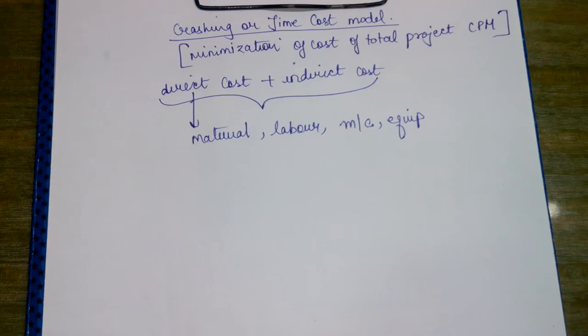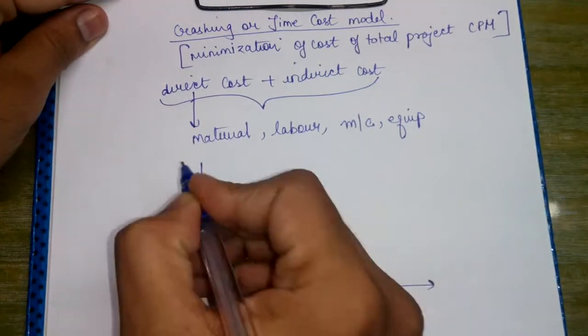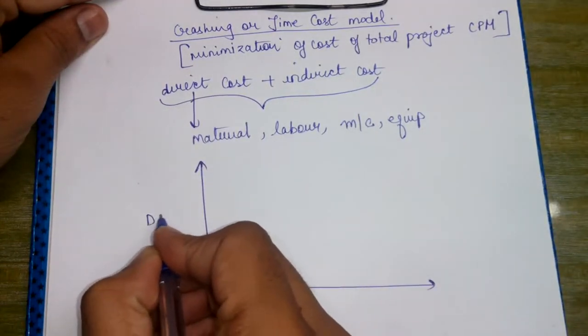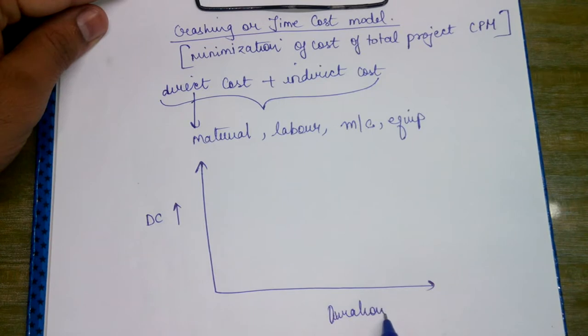Now we will plot a graph between the direct cost versus the activity duration. Here we have the direct cost and here we have the duration of activity.